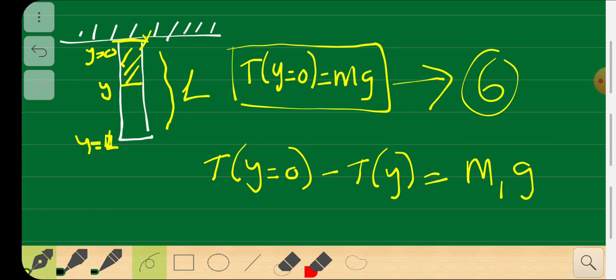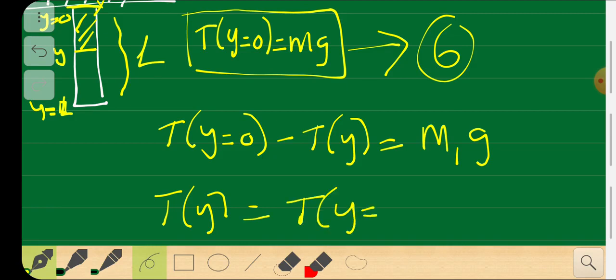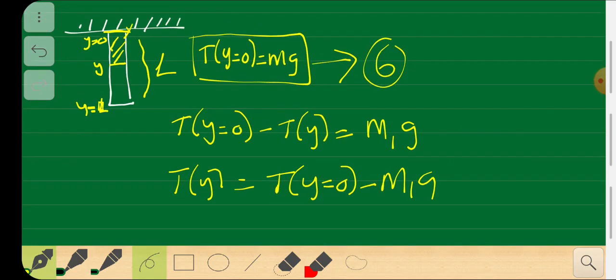So you can clearly say that T of y must be equal to T of y at 0 minus m1g. So that will be the tension right there.